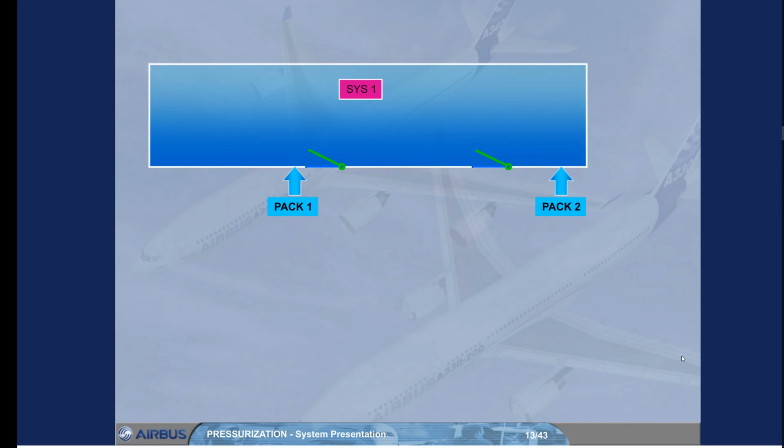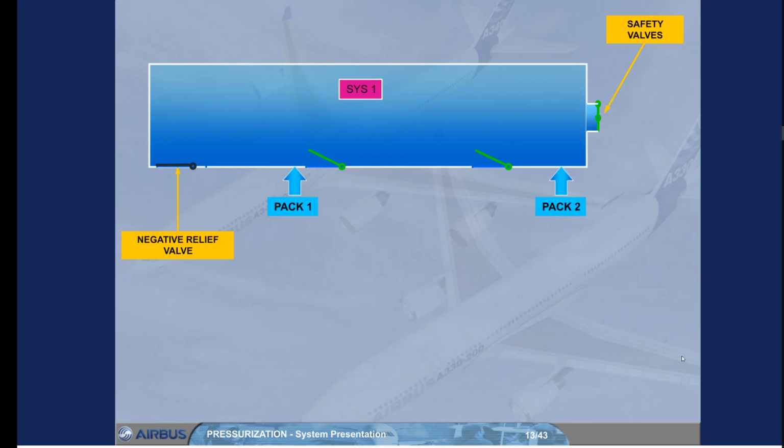Depending on the version, 2 or 3 safety valves are installed to avoid a cabin differential pressure from going too high or too low. One negative relief valve is installed below the cabin floor but above the flotation line. It is aft of left cabin door 1 and will assist the safety valves to avoid a cabin differential pressure from going too low.